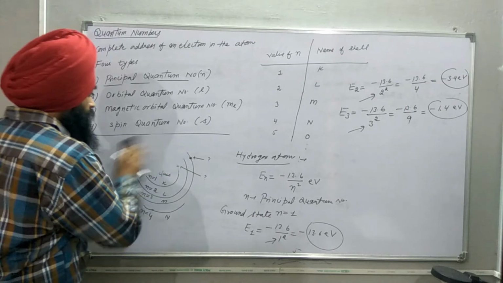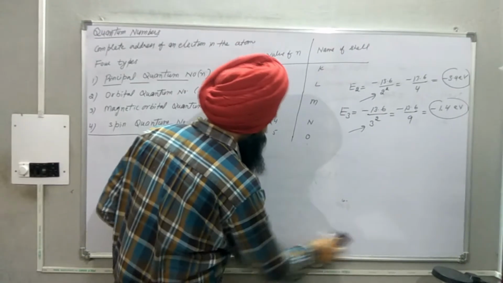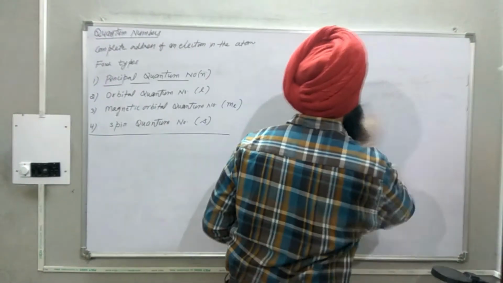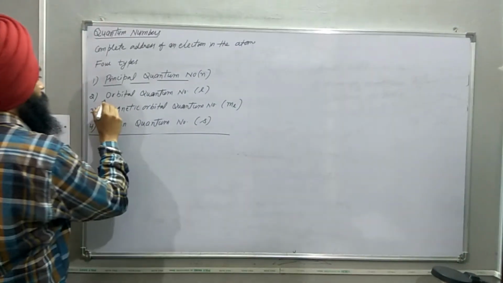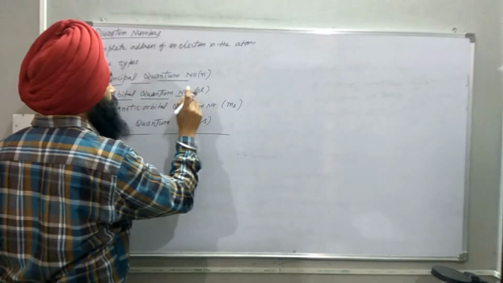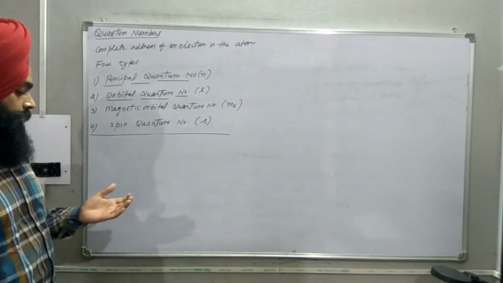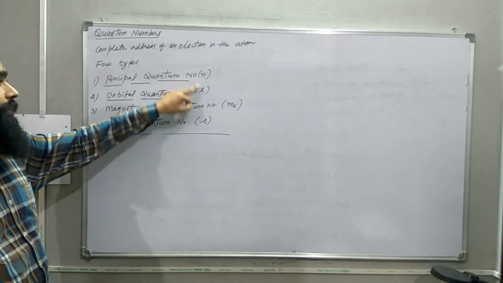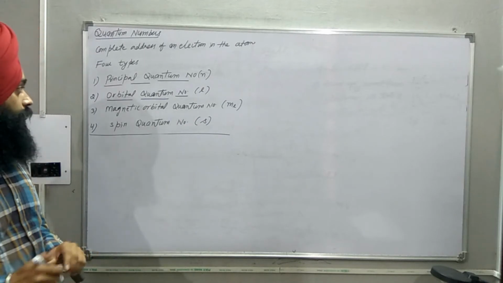So let us move to the second quantum number, which is called orbital quantum number, and it is represented by small l. It is very necessary to understand that these are only numbers and numbers have no units at all.